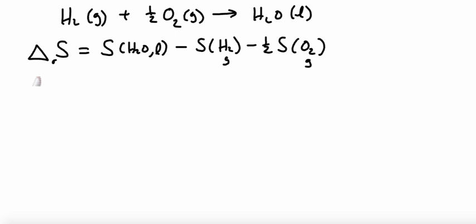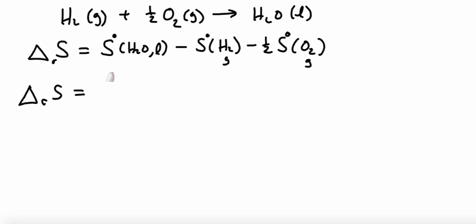Okay, so we look these up, and as I said, you can look these up in the back of your textbook or on the NIST chemistry web book. And usually you'll see these denoted with a little circle meaning standard, and that just means that we're looking these things up. They're pure substances and they're at 1 bar of pressure, basically 1 atmosphere. So let's get those numbers.